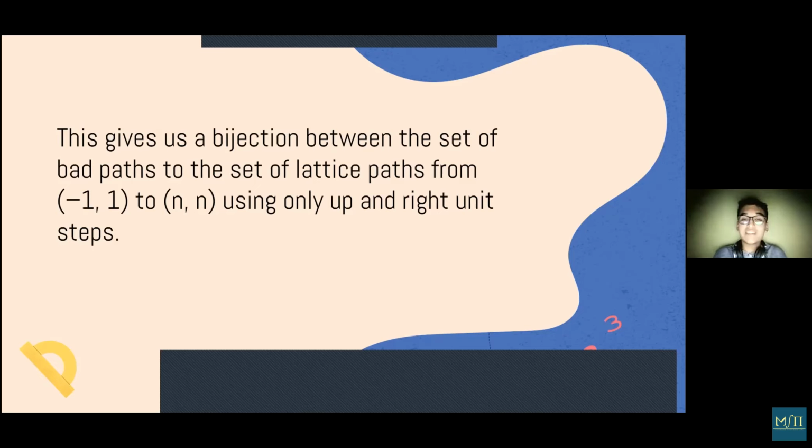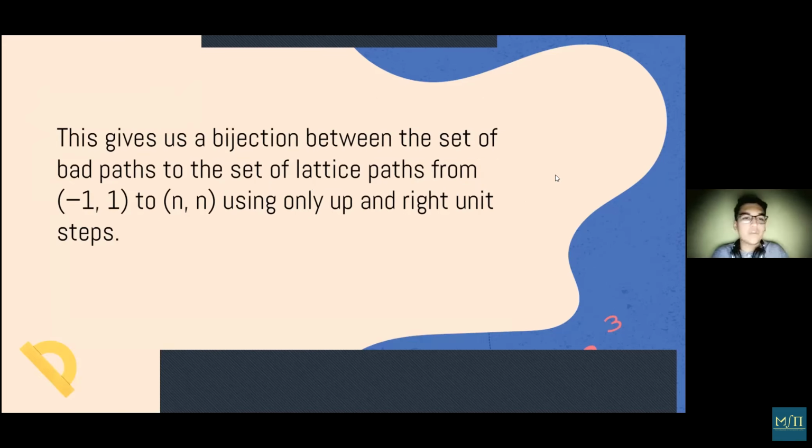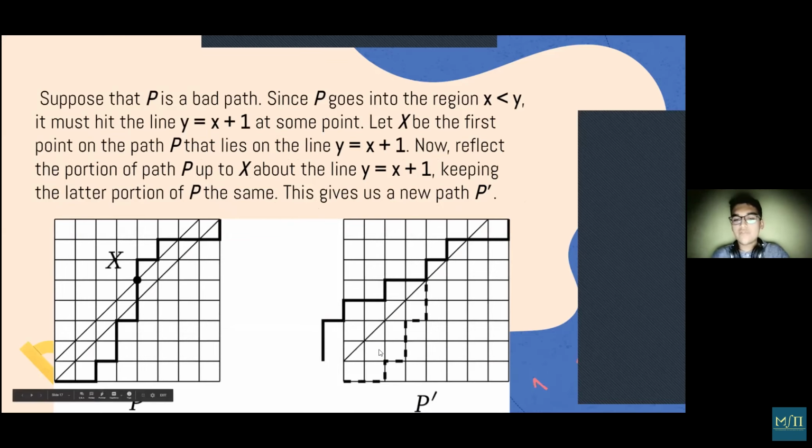Guys, I know that this sounds really complicated, and it's really difficult to see the bridging between how we went from reflecting this entire thing about a particular axis and directly formulating a bijection between those things. But when you ponder on this for a bit, you can see that these things are quite intuitive. Why? Because once we reflect this about y equals x plus 1, the starting point translates to -1,1.